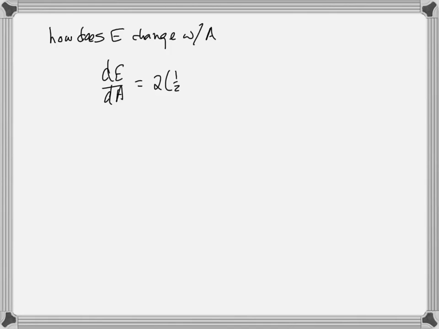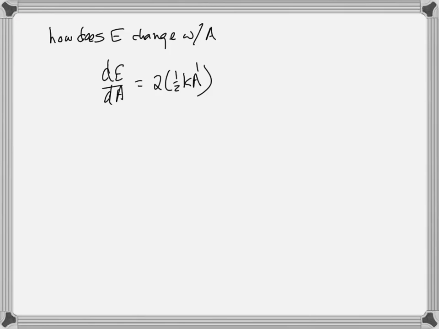So we want to ask, how does E change with A? And that is taking the derivative, dE/dA, a measure of how E changes with A. So if E is 1/2 KA squared, then dE/dA is 2 times 1/2 KA to the 1.